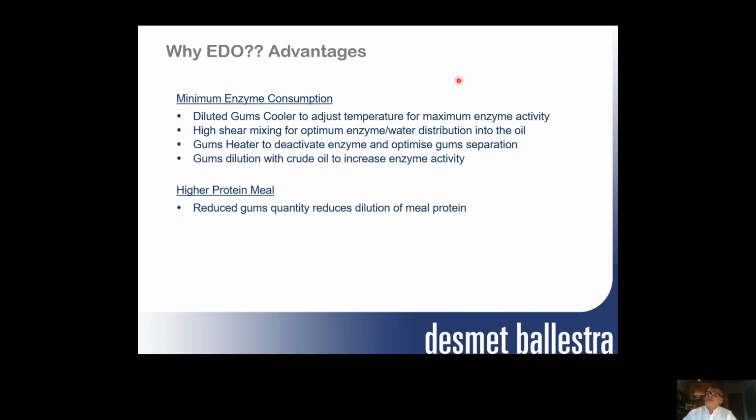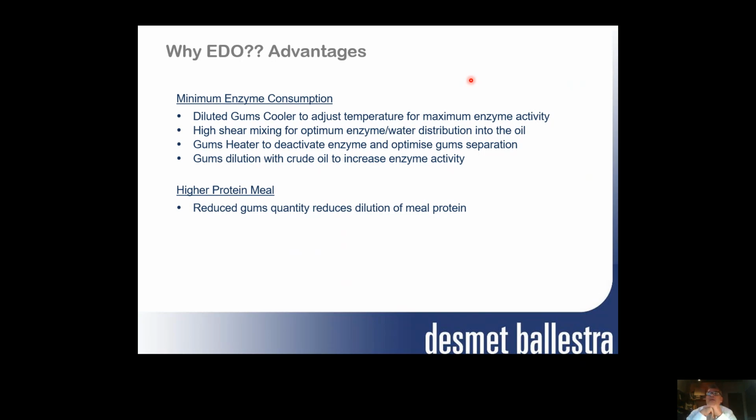What is the advantage, among other things, over mechanical processes? The minimum enzyme consumption. It is diluted gums, with a cooler to adjust the temperature for maximum enzyme activity. That's very important because the enzyme is the most expensive product in this operation, so it's critical to have a good enzyme activity, so we use all the enzymes we add.